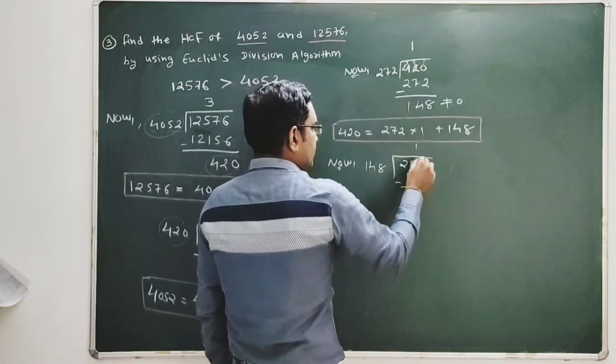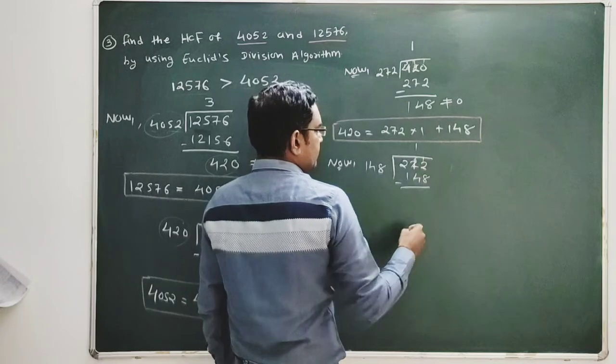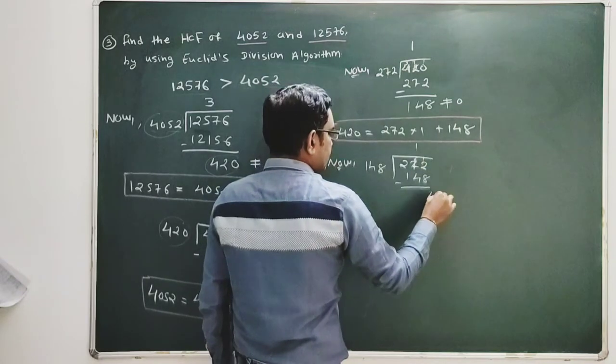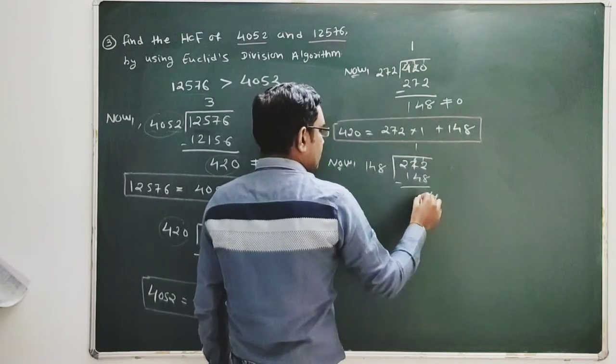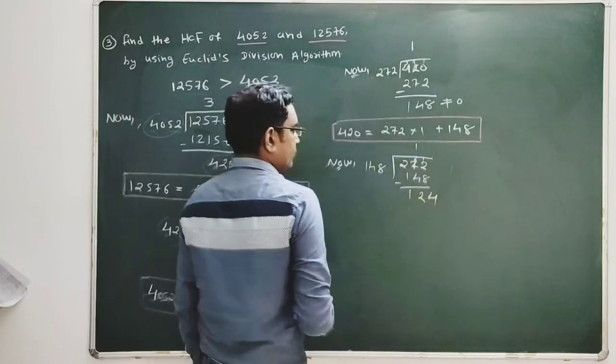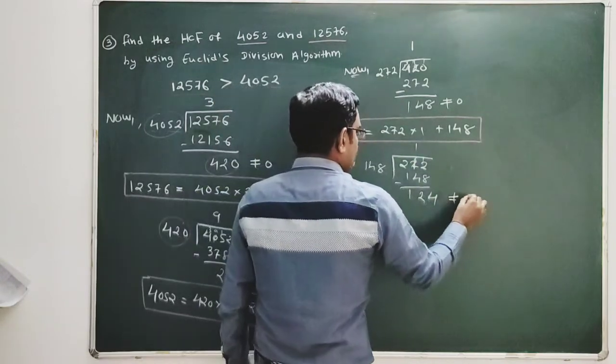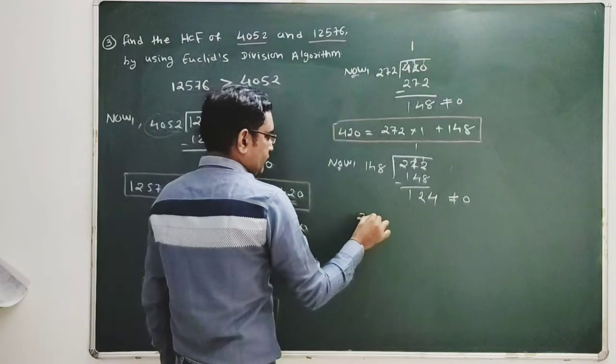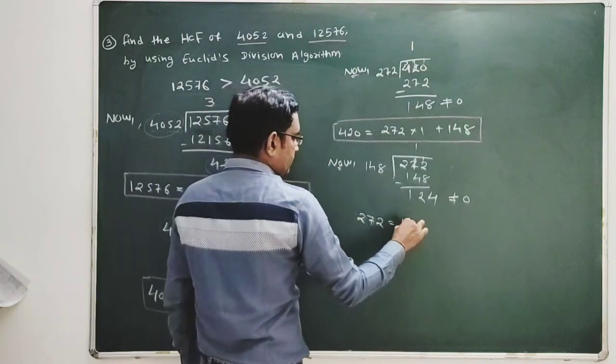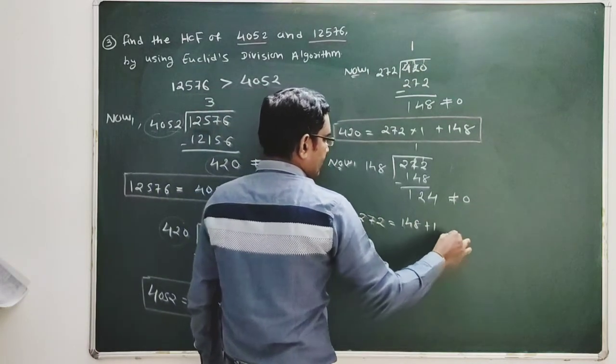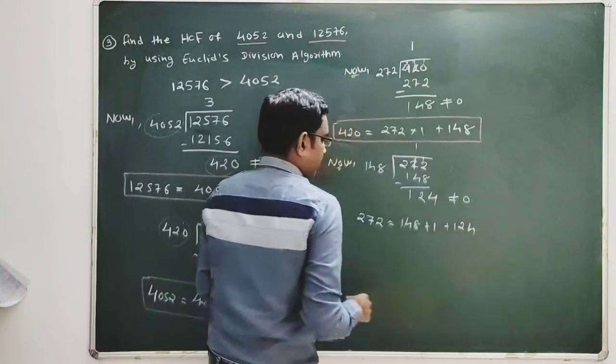Now subtraction: 12 minus 8 is 4, 6 minus 4 is 2, and this is 1. Again this is not equal to 0. So we can say 272 is equal to 148 times 1 plus 124.